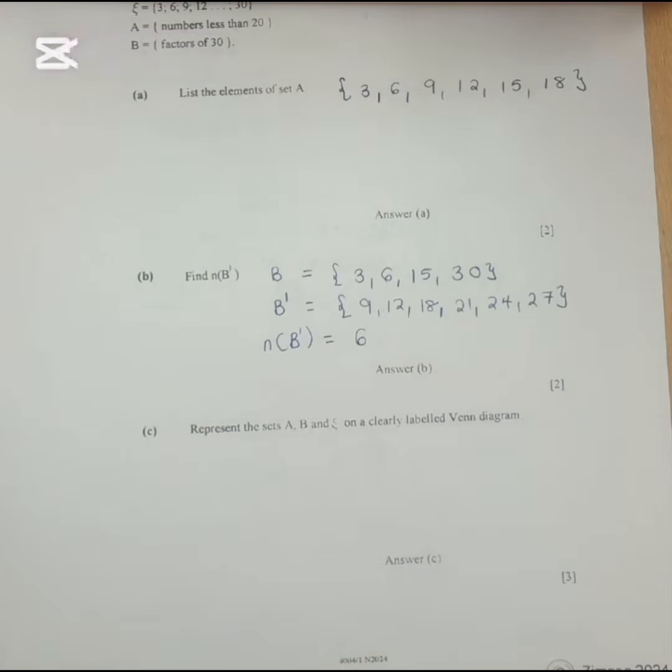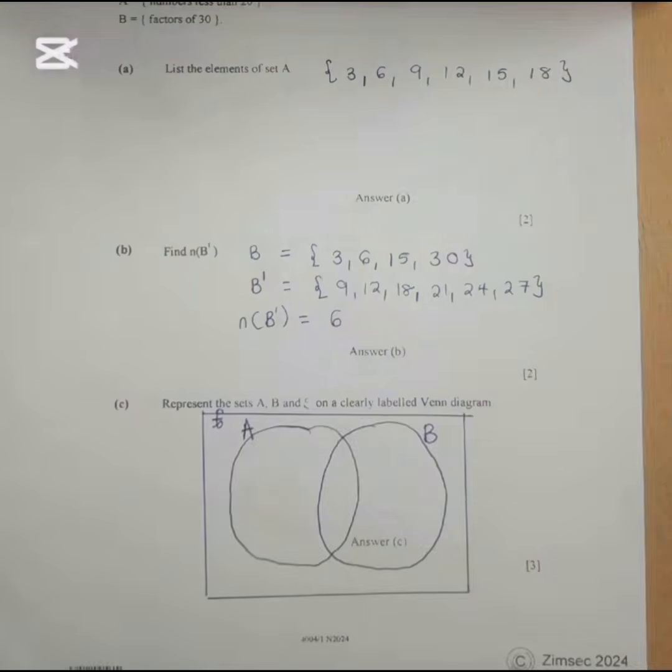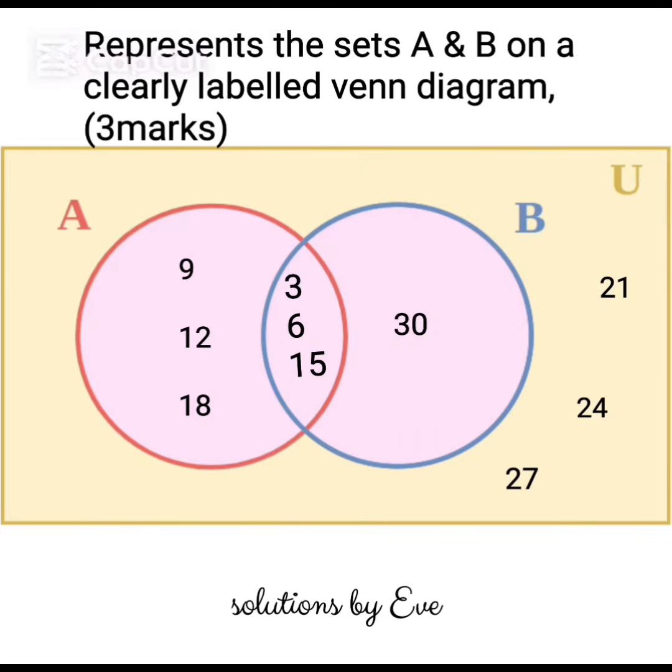And then part C, we are supposed to represent set A, B, and universal set on a clearly labeled Venn diagram. So on part C, we first need to draw 2 circles which are intersecting, and then we need to check for the elements that are found in both A and B. Set A is a set of multiples of 3 which are less than 20, and then set B is factors of 30.